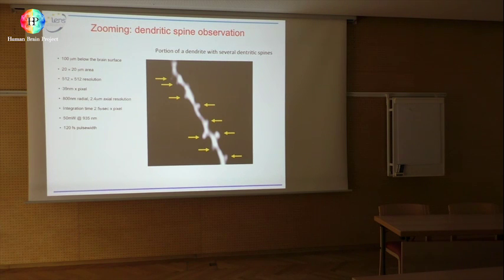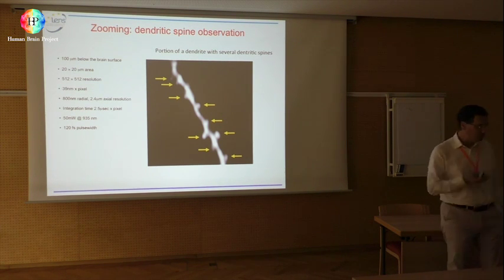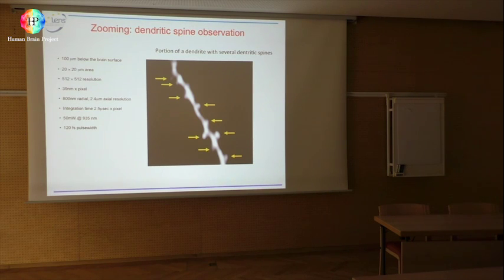The resolution here is 1 micron because you have to go deep, and if you go deep, the numerical aperture of the objective cannot be so high like in a, let's say, thin sample imaging. But 1 micron is enough. 1 micron is enough to see, for example, spinogenesis.